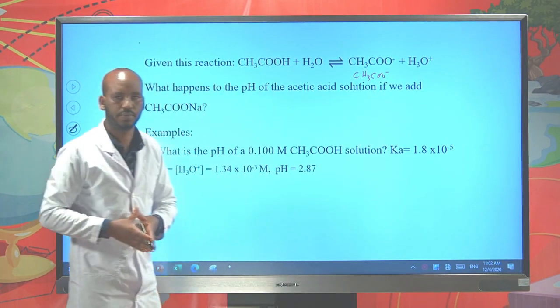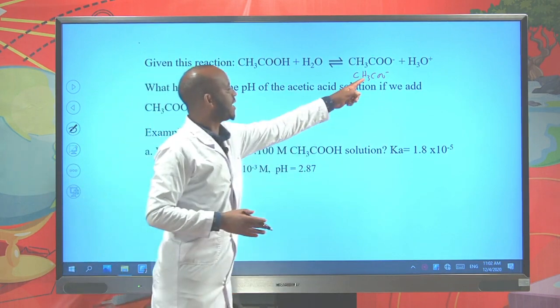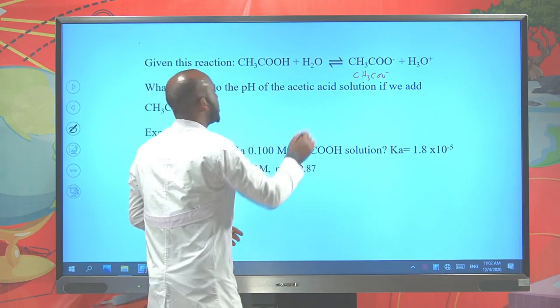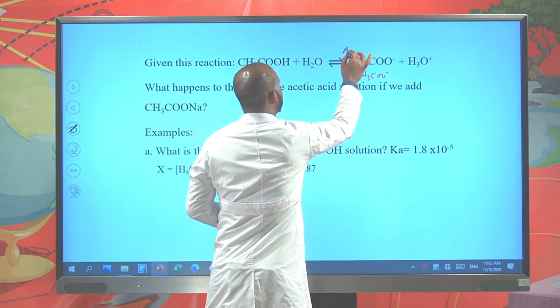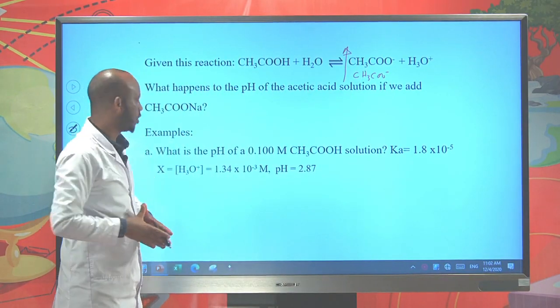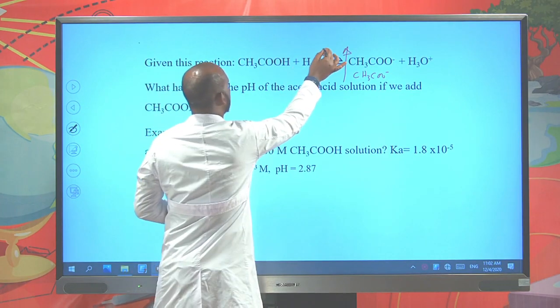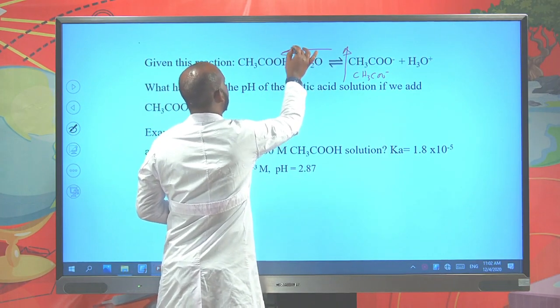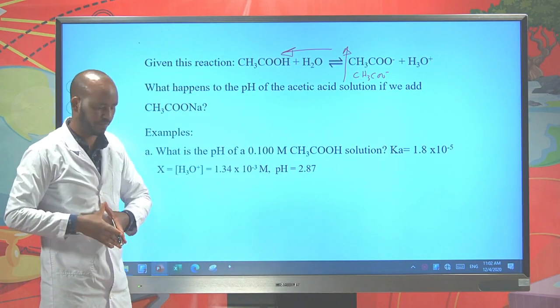Now the concentration of acetate on the product side increases. Equilibrium shifts to the reactant side as predicted by Le Chatelier's principle.